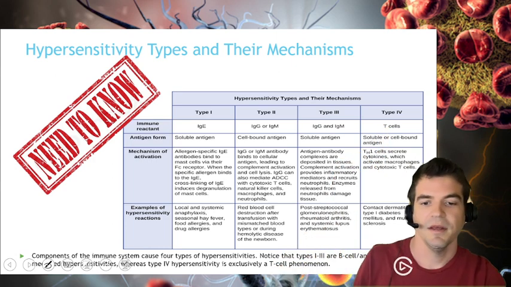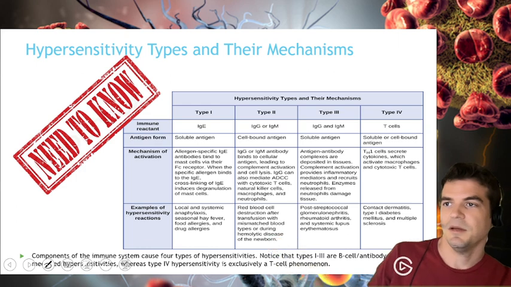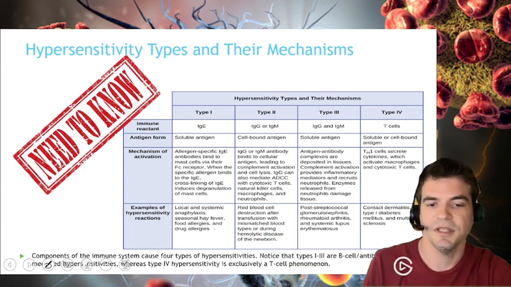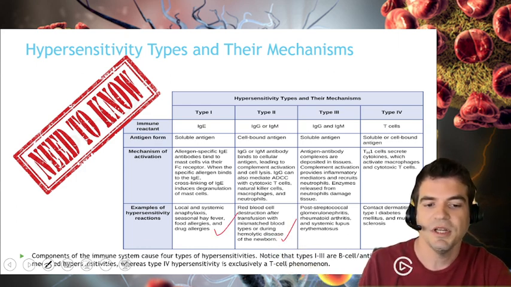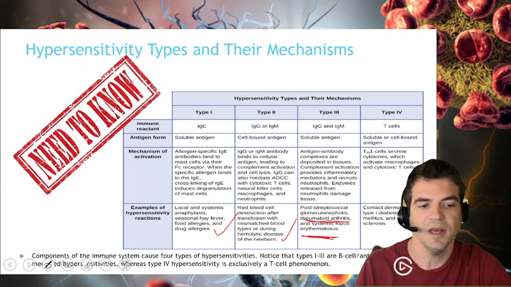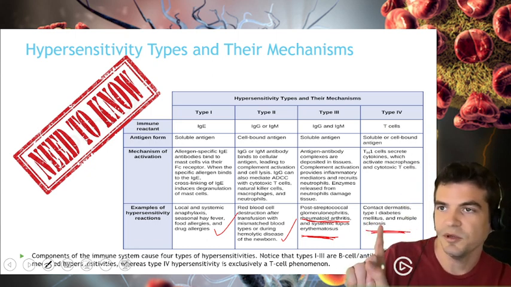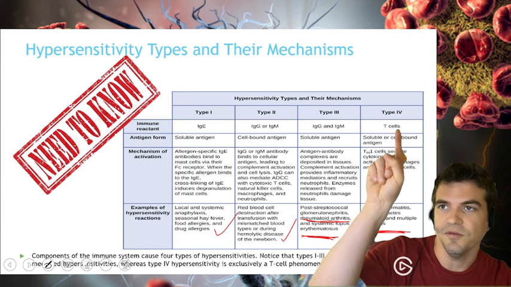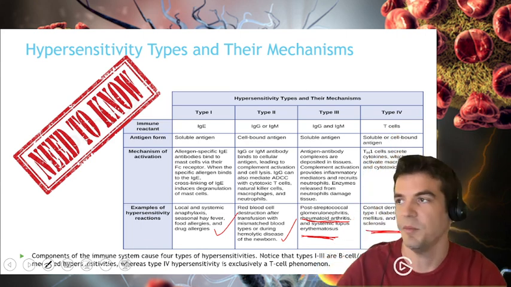You can also see the examples of them: anaphylaxis, hemolytic disease, lupus, rheumatoid arthritis. And over here in type 4, you can get a lot, even up to multiple sclerosis, but it just doesn't involve the IgGs or any immunoglobulins.